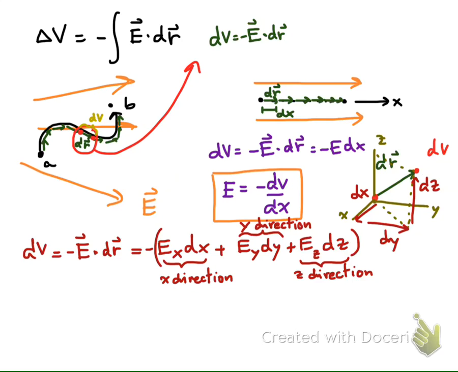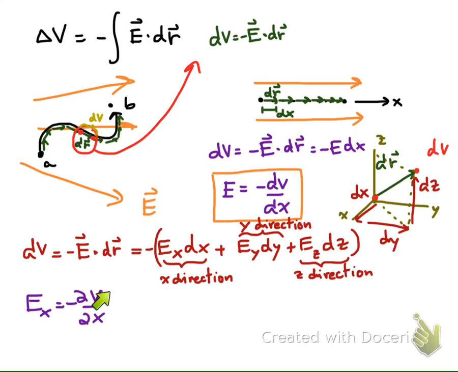So mathematically, we can write down that Ex is equal to minus the partial derivative of V with respect to x. This symbol is a partial derivative.